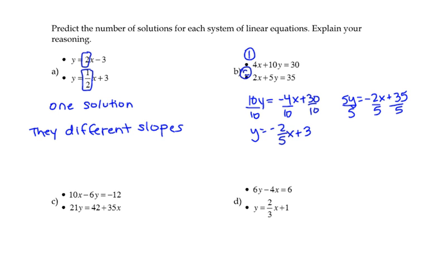You should have had y equals negative 2 over 5x plus 7. So their slopes are the same. So then we look at the y-intercepts, and the y-intercepts are different. So if we have same slope, different y-intercept, parallel lines, therefore how many solutions? None. So no solution, and your reasoning would be same slope, different y-intercept.